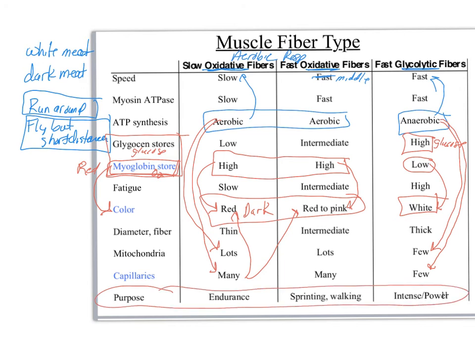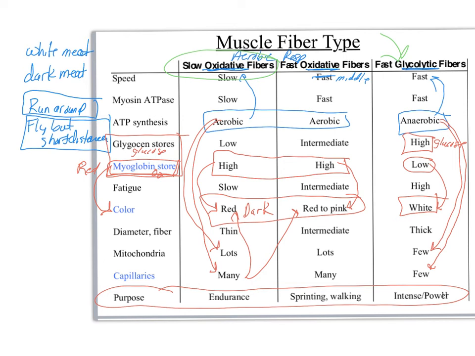So when we start thinking about it, we've got a turkey who is going to have this on its legs and that on its chest. But think about ducks. Ducks migrate, but they don't spend a whole lot of time walking around.